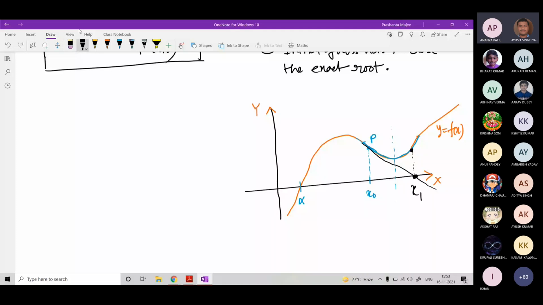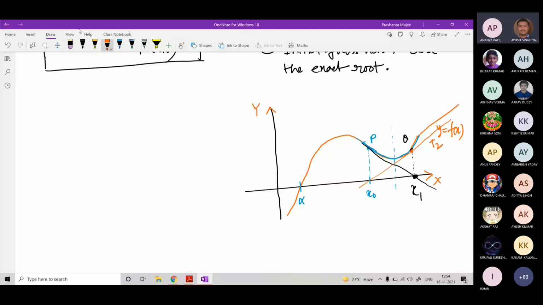Let us call that point Q. So we'll draw a tangent at the point Q. And you will see, suppose that tangent is particularly passing through the point x naught comma 0. If it is symmetric about the line, that will happen. The tangent T2 will be passing through x naught comma 0.